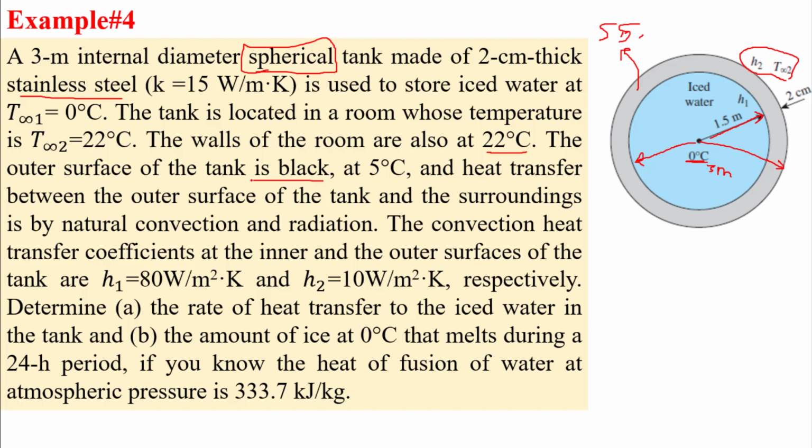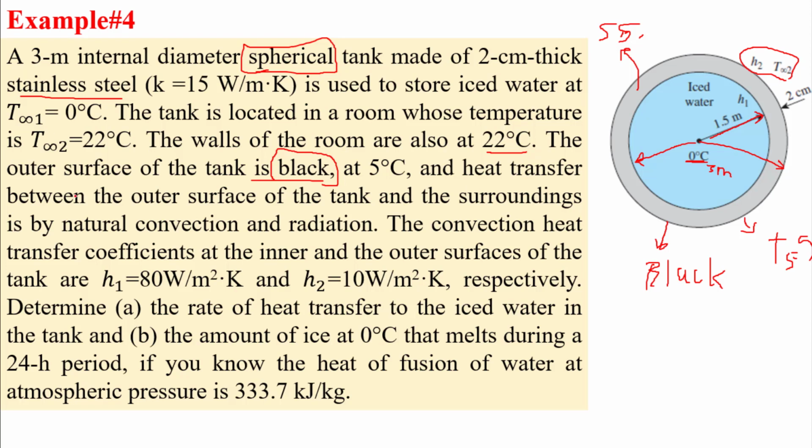Okay, so this information is for whom? For radiation. The outer surface color here is black. At 5 degrees Celsius. So here the temperature of the surface equals 5 degrees Celsius.